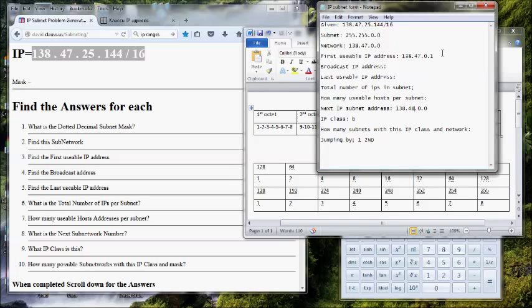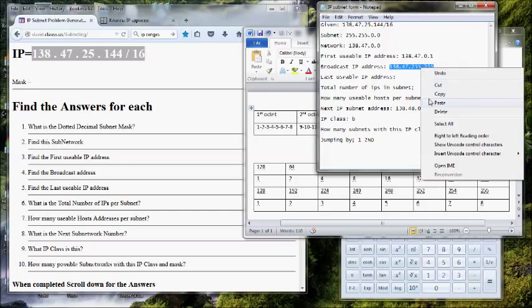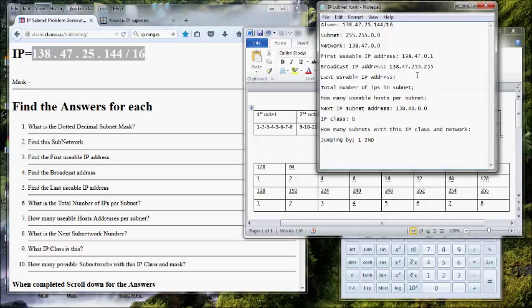So this really is just going to go up to 255.255, and if we copy that and paste that, then we just back it off by 1, and 138.47.255.254 becomes the last usable IP address.